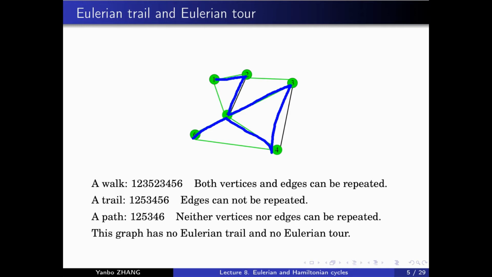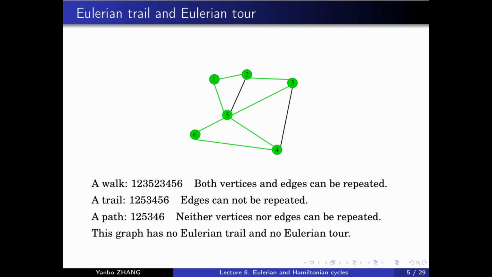In a trail, vertices can be repeated. Here 5 is repeated, but edges cannot be repeated. A path 1, 2, 5, 3, 4, 6. In a path, neither vertices nor edges can be repeated.